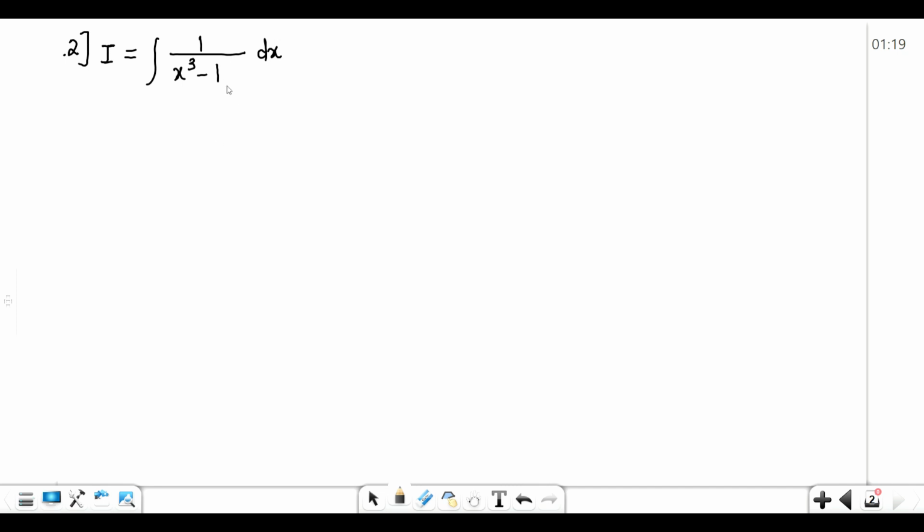For that we need to apply a formula. Instead of 1 we will write 1 cube, and we will apply the a cube minus b cube formula. I'll write it here. A cube minus b cube is nothing but (a minus b)(a square plus ab plus b square).